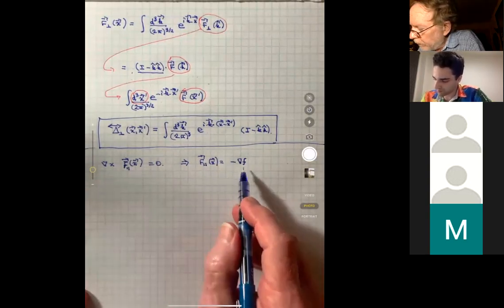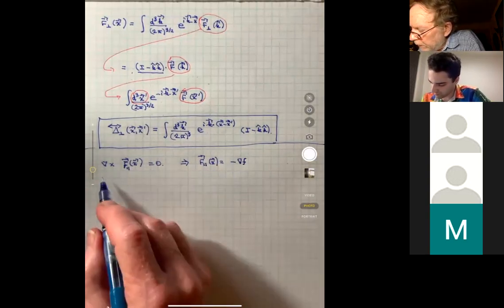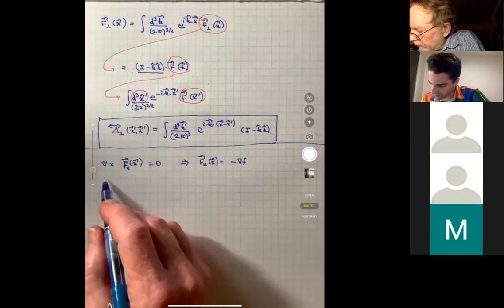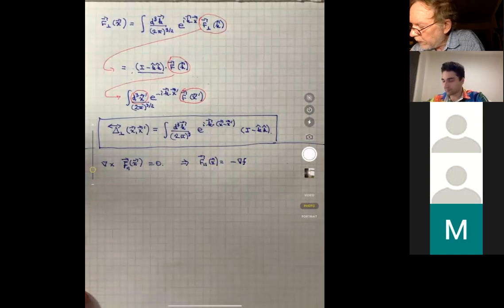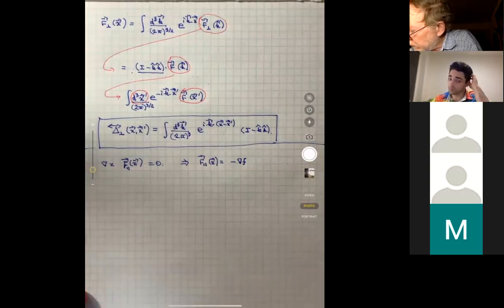Now, to solve for lowercase f, what was I going to say? Del cross f longitudinal is equal to 0. Yes, here's what I want to do.